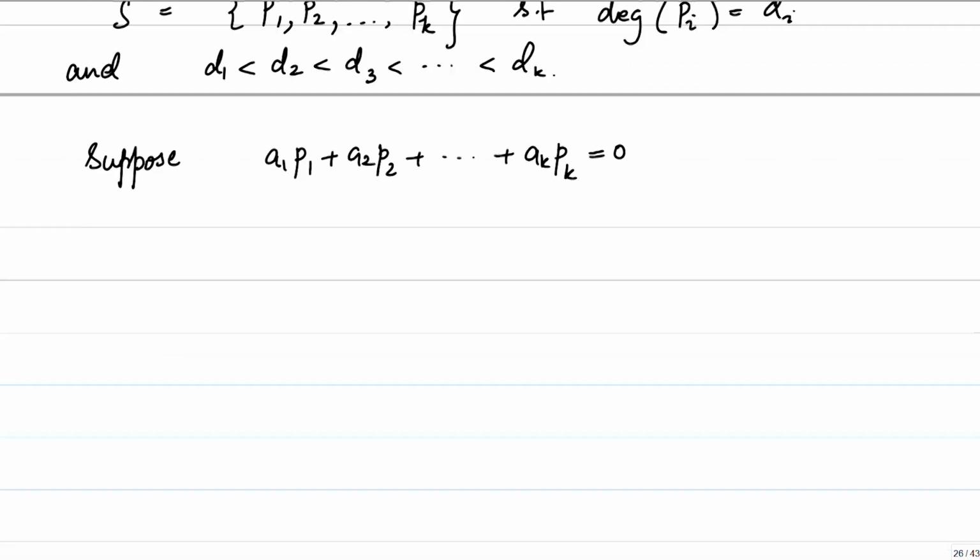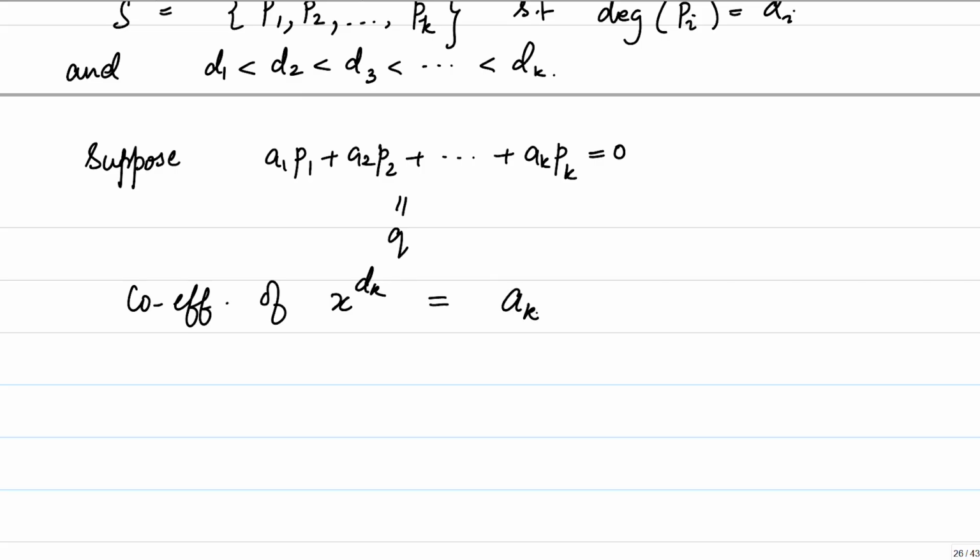Let the degree be equal to Q. So check what will be the coefficient of x to the power dk. It will be equal to ak, because a1, a2 up to ak minus 1 do not have x to the power dk in their polynomial expressions, because all of them have degree less than dk.